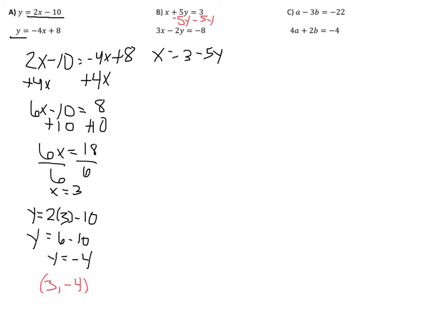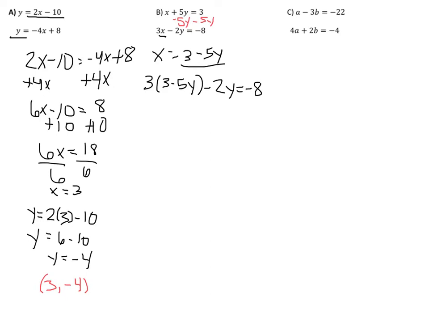Now I have a variable by itself, and I can plug what x is equal to, which is 3 minus 5y, into the x value in the second equation. So I'm going to have 3 times (3 minus 5y) minus 2y equals negative 8.